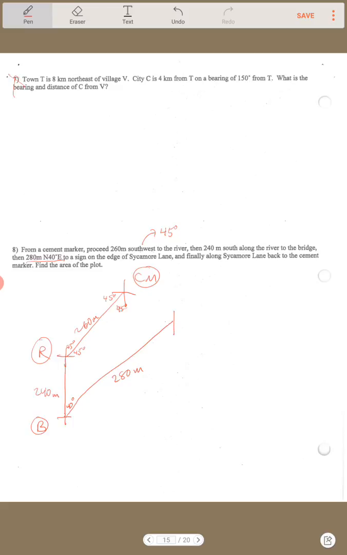So from here, we're just going to go ahead and place our other marker. This is when we reach Sycamore Lane. And 280 meters is a little bit longer than 260 meters, so it is going to extend a little bit more outward to the right-hand side. Okay, from there, we are going to go from Sycamore Lane back to the cement marker, and so we'll draw another side like that. Okay?